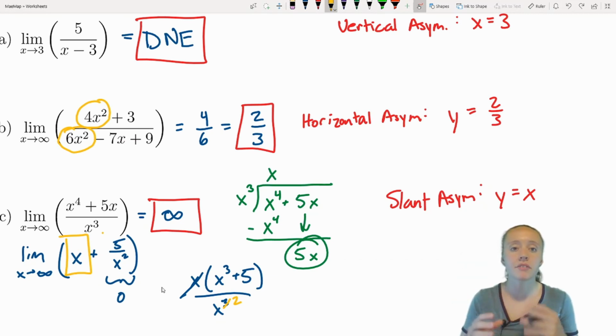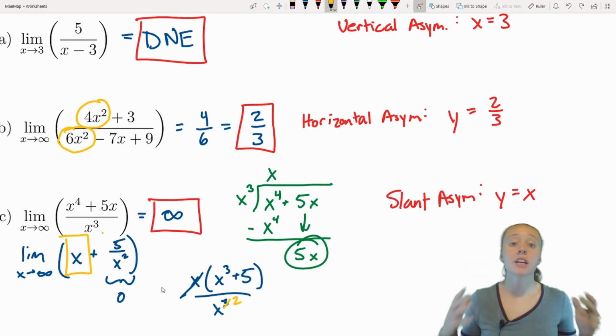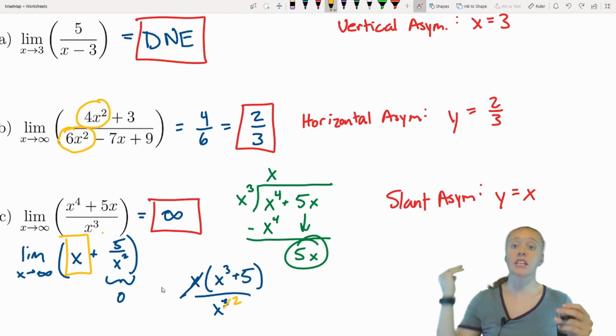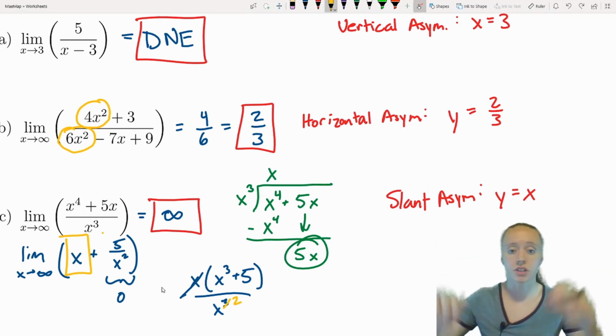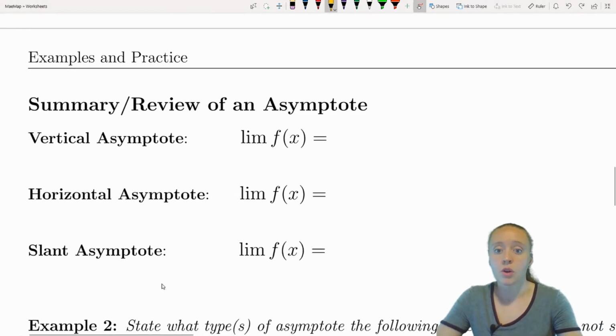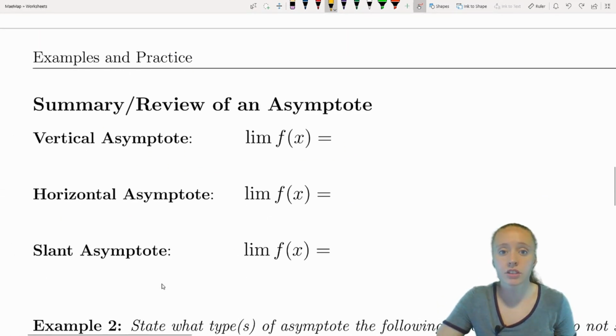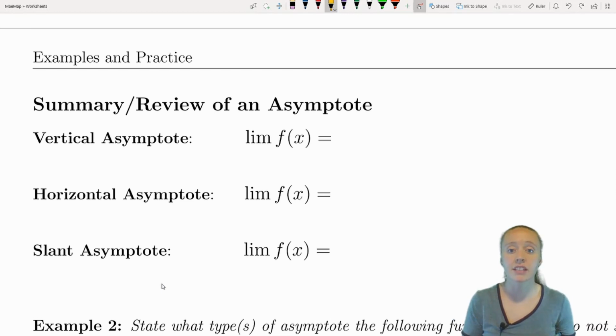So now that we kind of understand each of these, and because we've done an example of each of these all together, let's just review them and think about them in broader terms. So a vertical asymptote occurs when the limit of f of x as x approaches what? Well, think about that. If we have a vertical asymptote, we're approaching some finite value in the x.